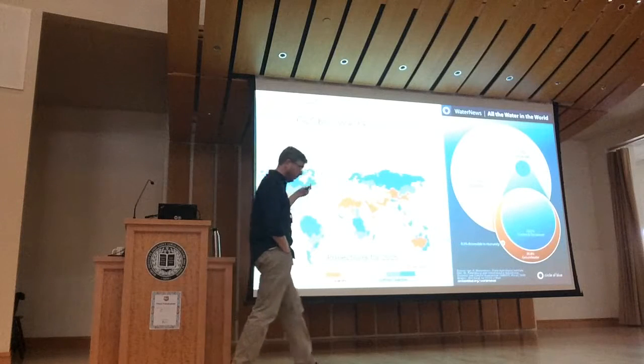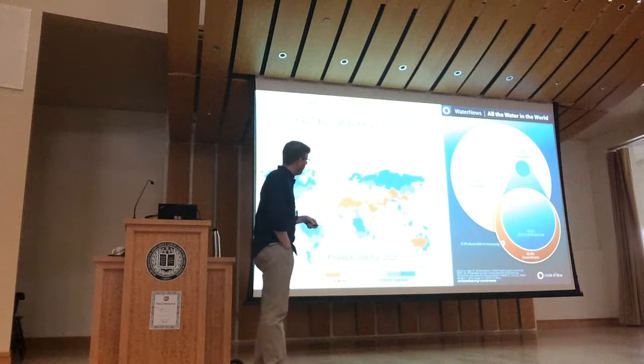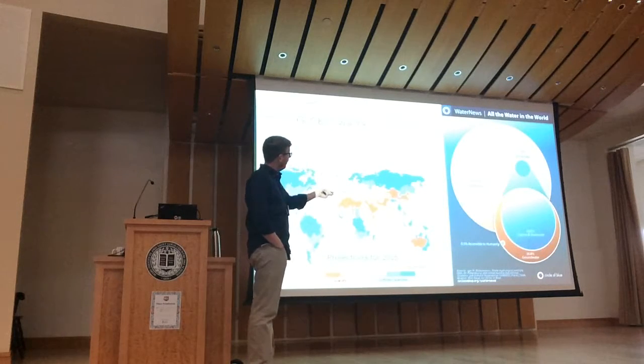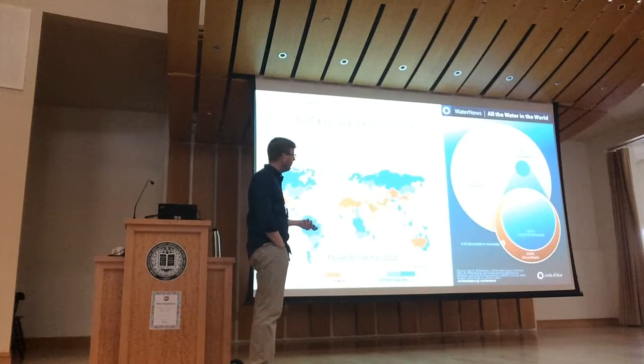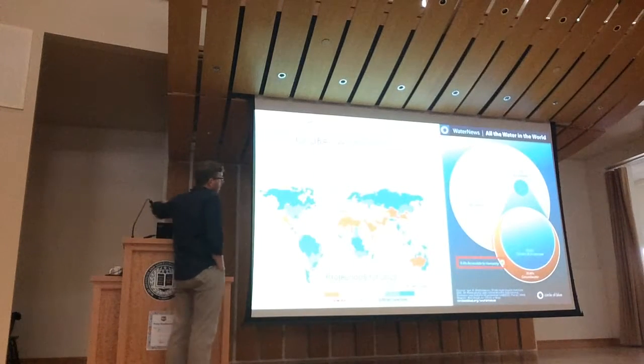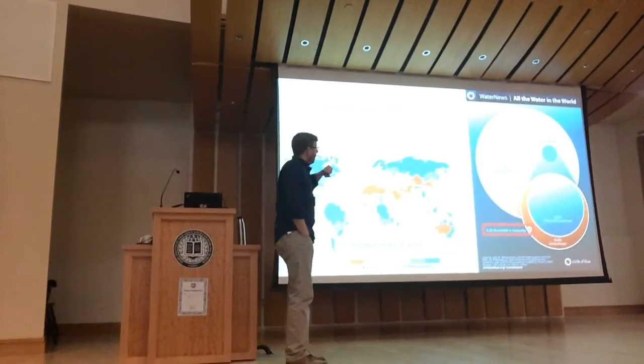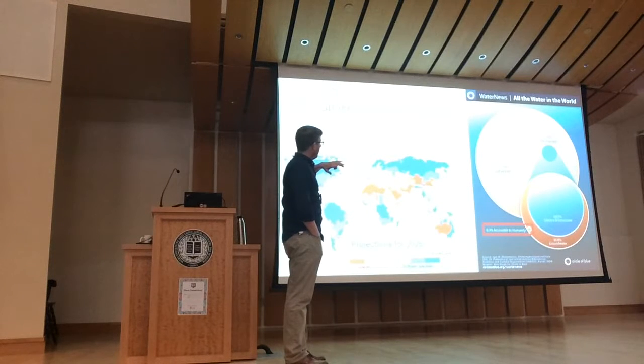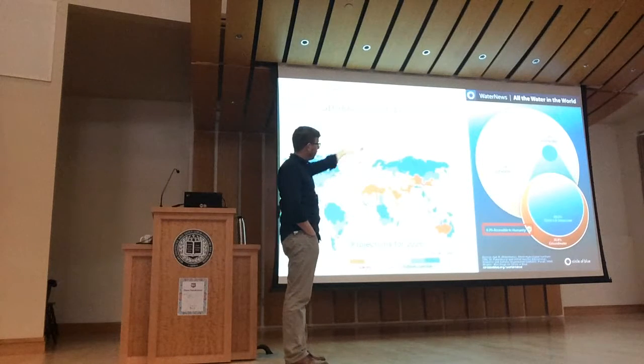the animated video there goes through this question of how much fresh water do we have, how much is accessible to us. It's actually very small. We also know that it's not distributed equally.